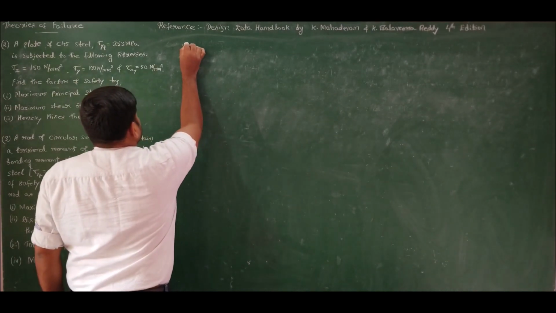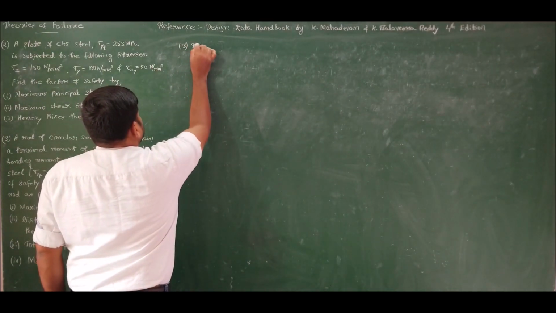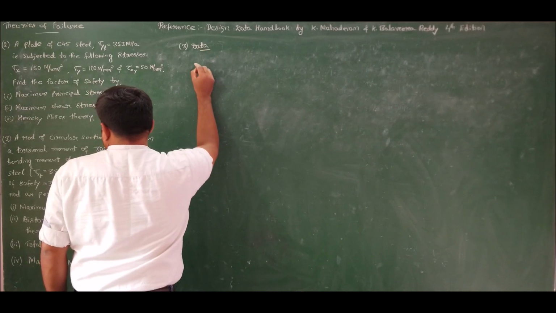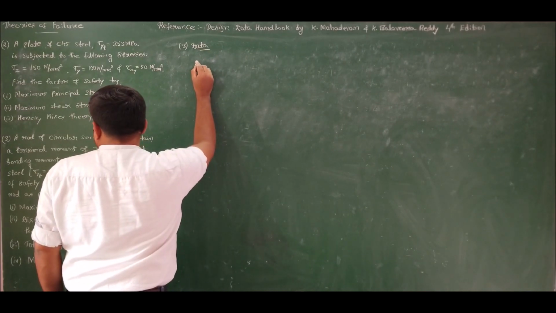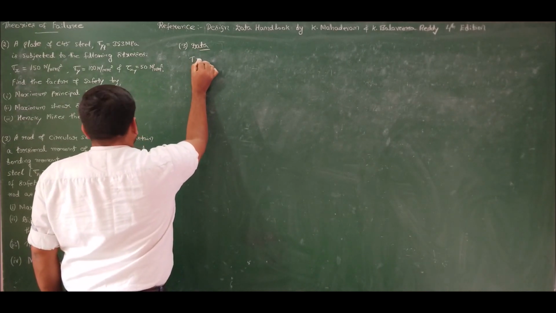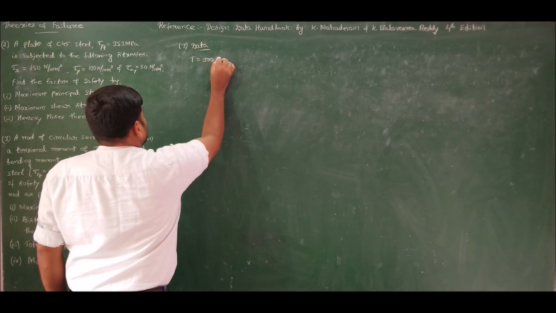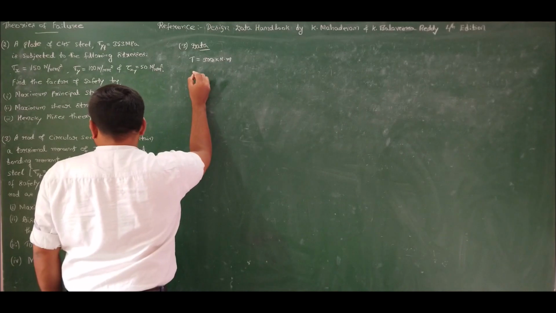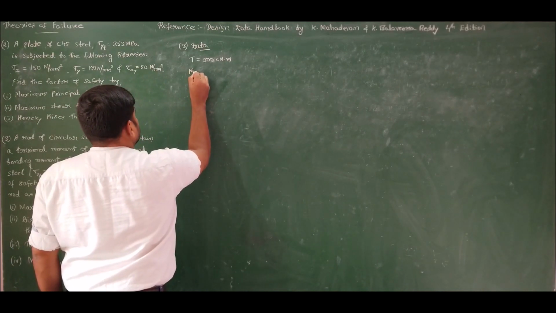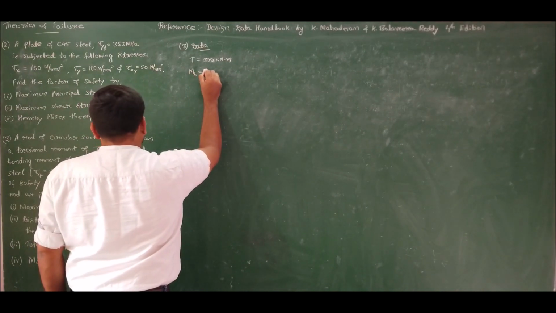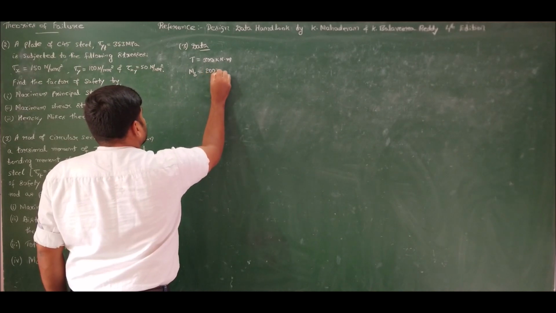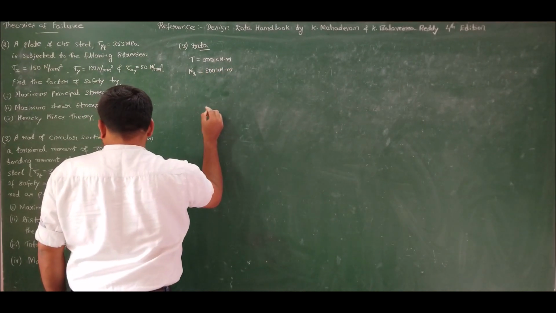If I list out the data given for us in problem number 3, we have a circular rod sustaining a torsional moment of 300 kilonewton meter and a bending moment of 200 kilonewton meter.